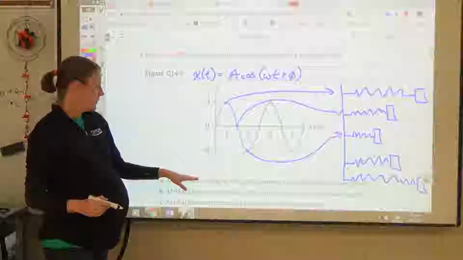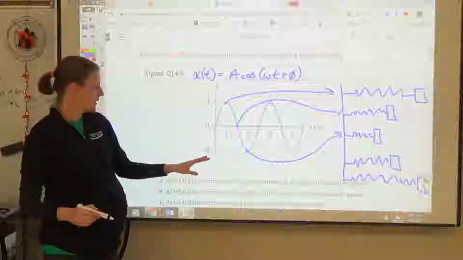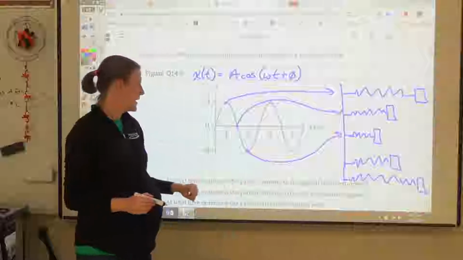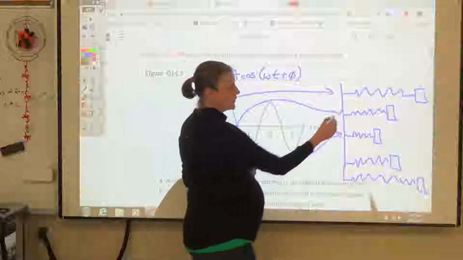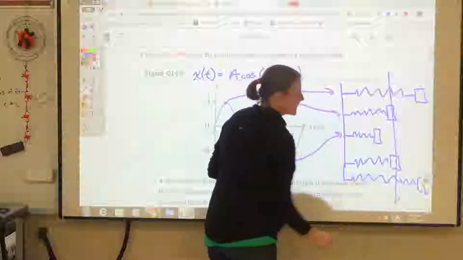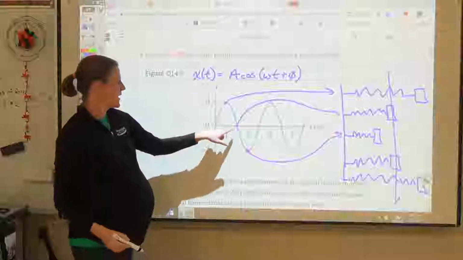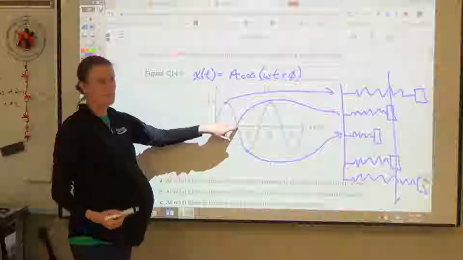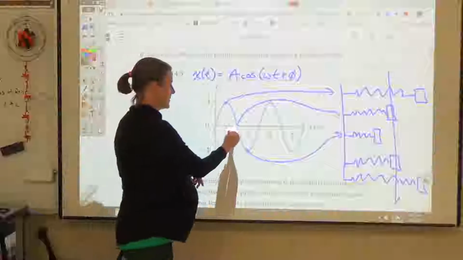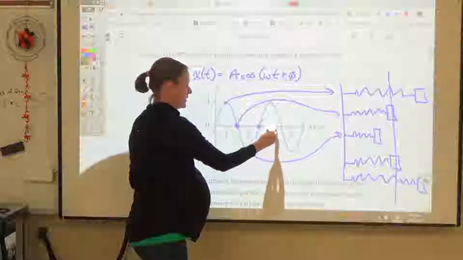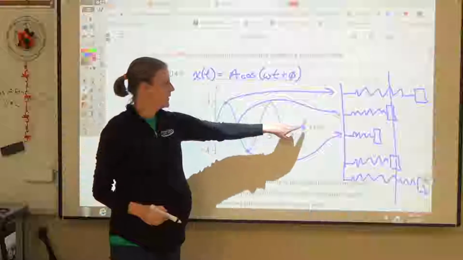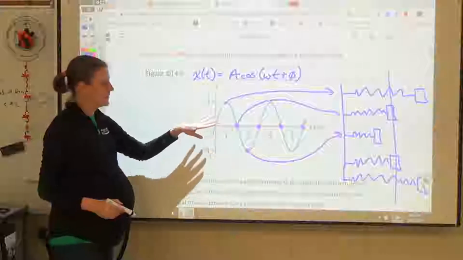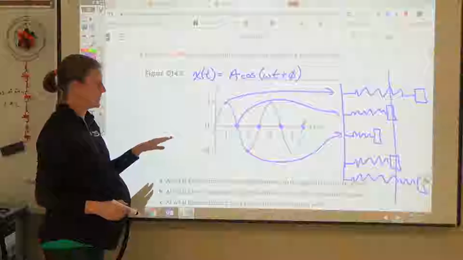So where is it moving the fastest and to the right? I know it's moving the fastest at the equilibrium positions. That's where the graph would be 0. So here, here, here, here, all those times are where there'd be the max velocity, max speed.